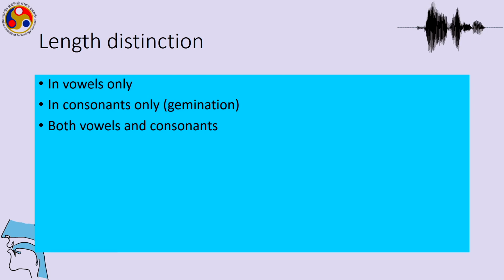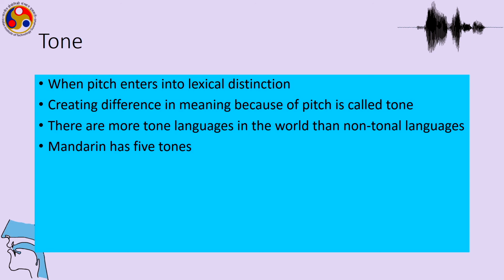The other important property is length, and it is seen in vowels. In consonants you see it in gemination, but there are languages which have both vowel and consonant lengthening, and Japanese is one of those examples. Finally, when we talk about a variety of sounds in the languages of the world, the one aspect which we have not talked about at all is tone.